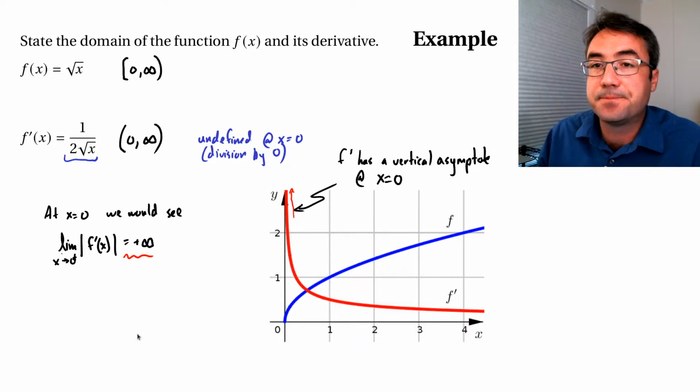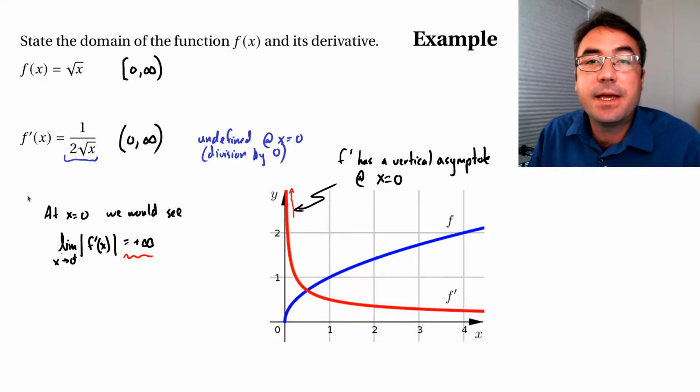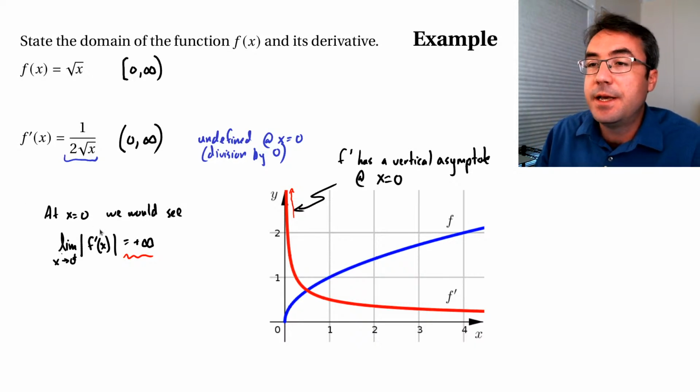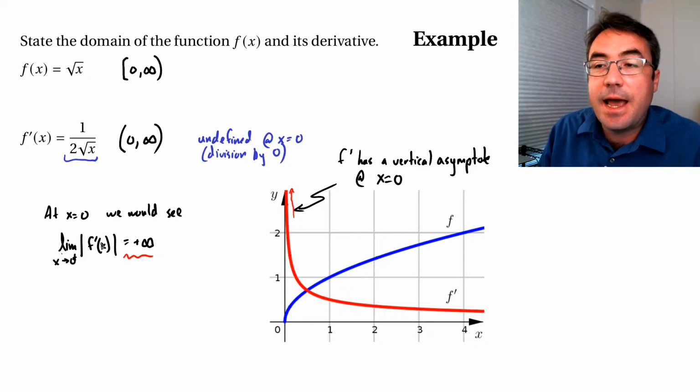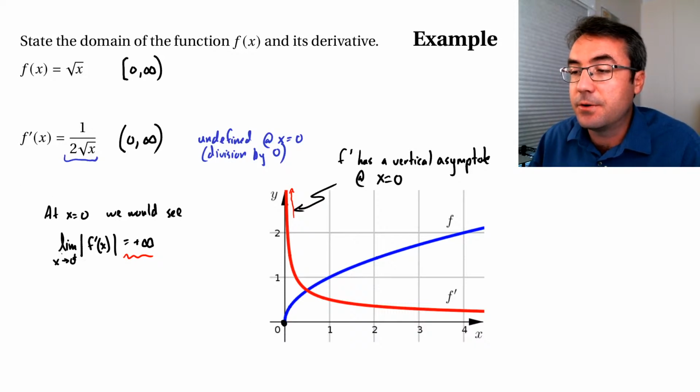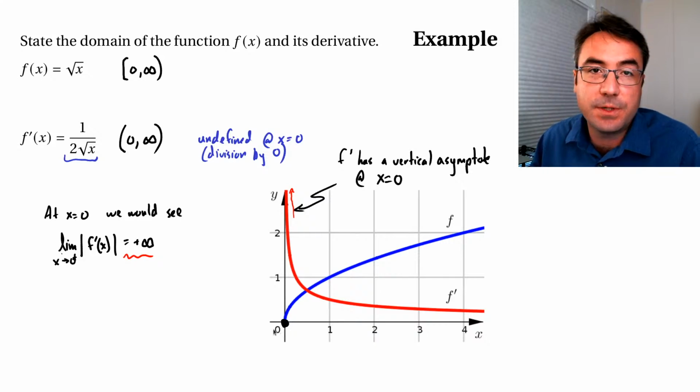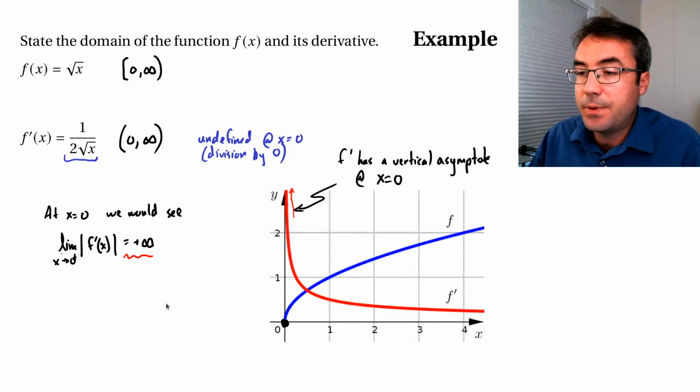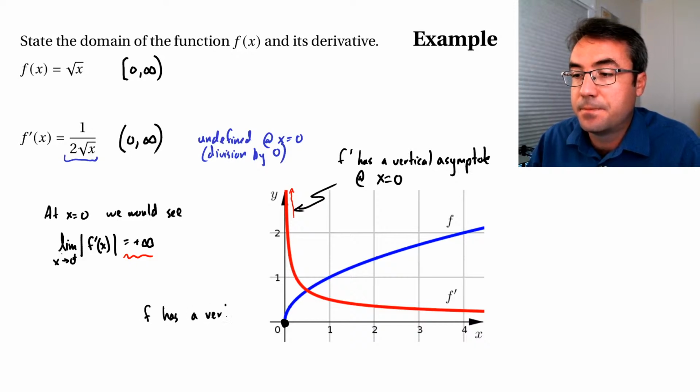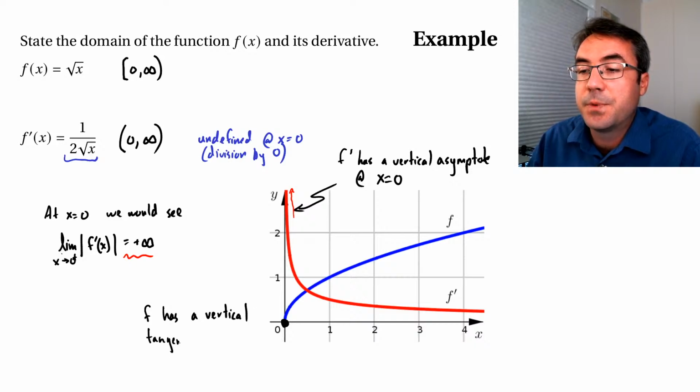Now, what's happening in our original function is that directly at x equals 0, if we look at our square root function, we have what's called a vertical tangent. So our original function f has a vertical tangent at x equals 0.